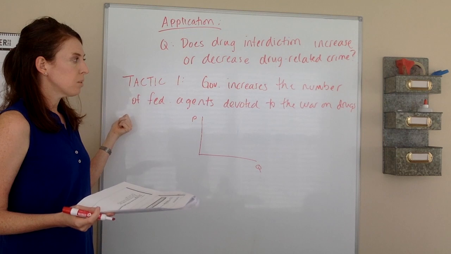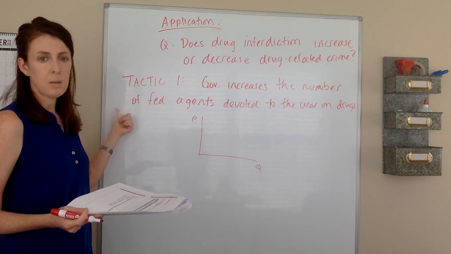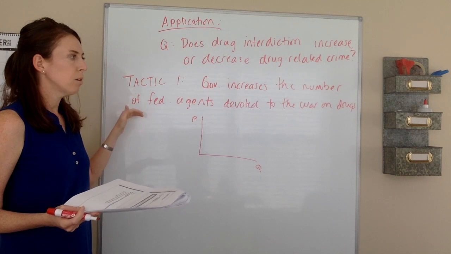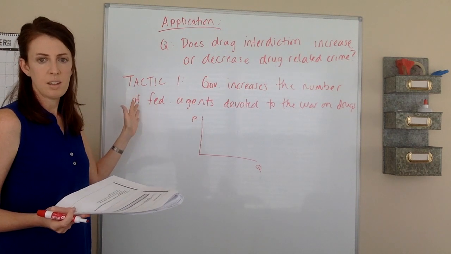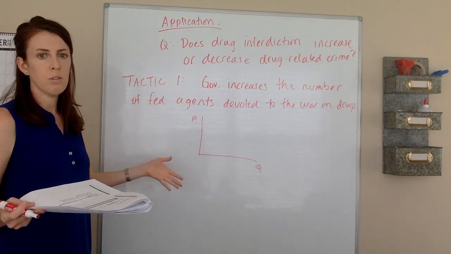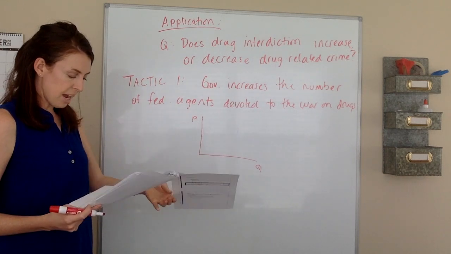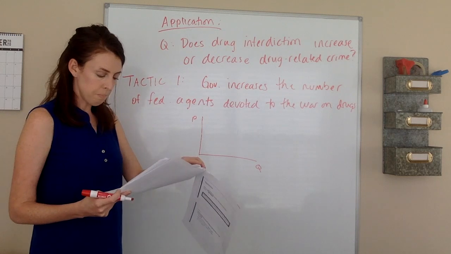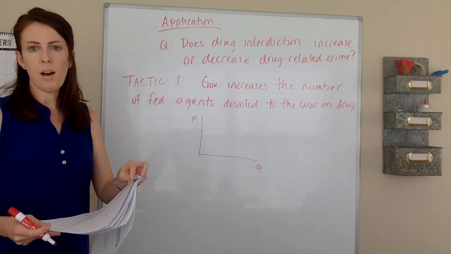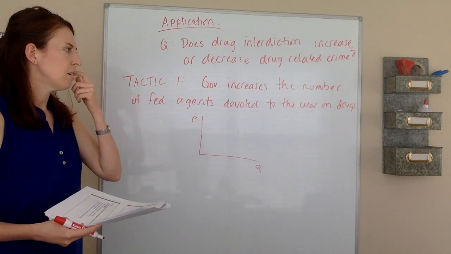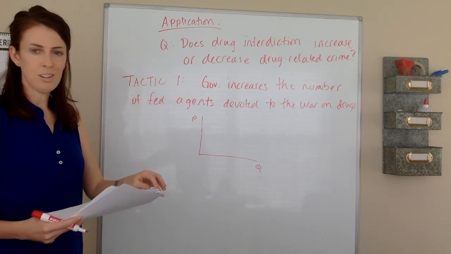Then after we decide which side of the market is impacted, we can think about whether that would result in an increase or a decrease in the curve we've determined, the supply curve or the demand curve. And then we can think about how everything would change in terms of the prices, the quantities, and total revenue for drug dealers.